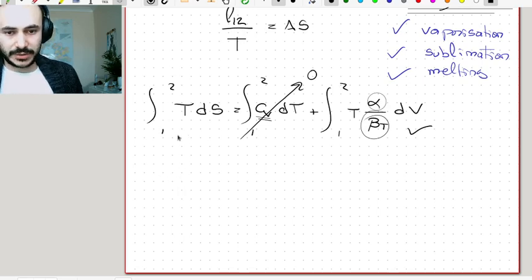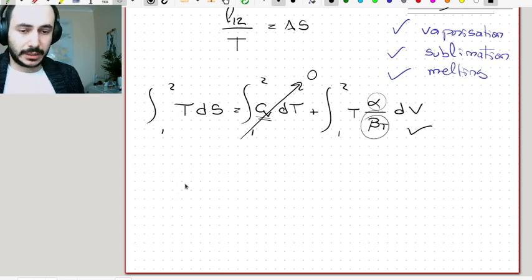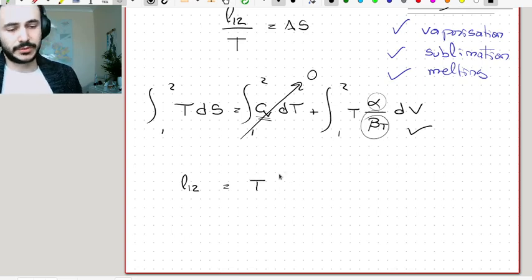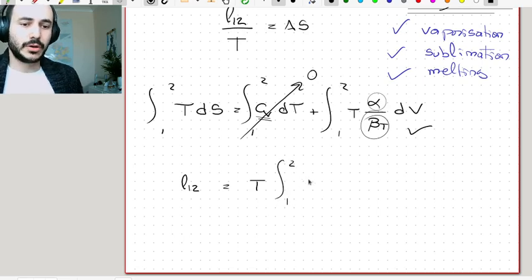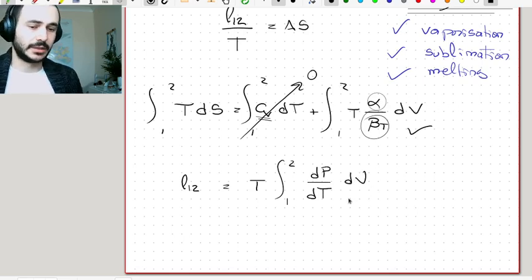So what we have in the left-hand side here is the heat in the transition, and this by definition is the latent heat, L12. And here what we have is the constant temperature comes outside of the integral, and we have the integral from 1 to 2 of alpha divided by beta T, which we just said was the derivative of P with respect to T. And we integrate here this as a function of volume.